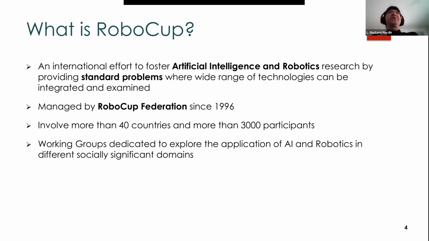And you can identify that by seeing the number of countries and people that get involved in the competitions that happen yearly in different parts of the world. So there are usually 3,000 participants from 40 different countries. This was before the pandemic happened.